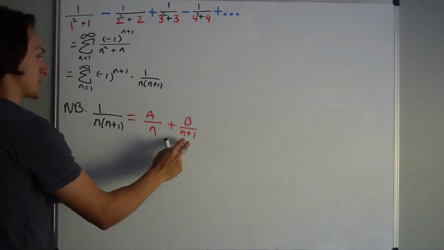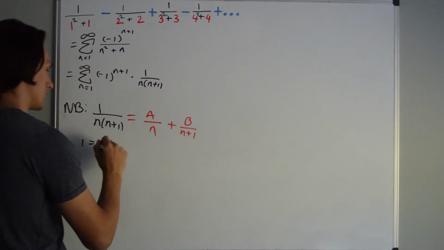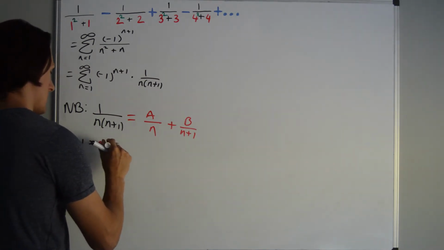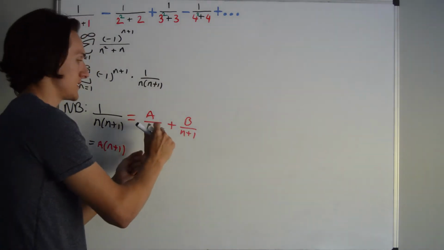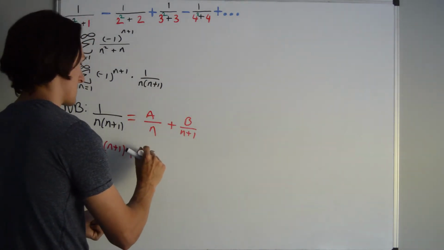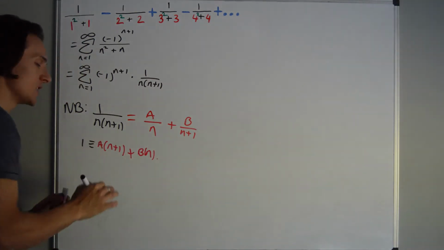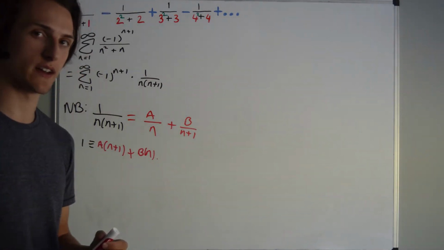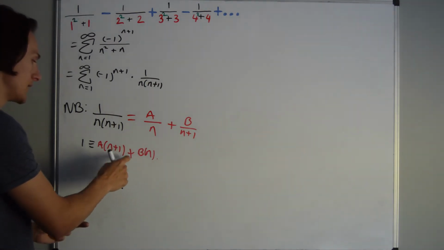Okay, well, the next step, just times it by n plus 1 and times it by n. So we're going to get 1 is equal to a times n plus 1, and then b times n. And of course, this is an identity, so we can plug in specific values of n, which are going to help us find the values of b and a.